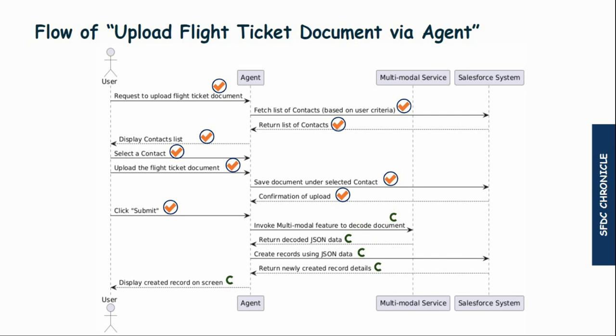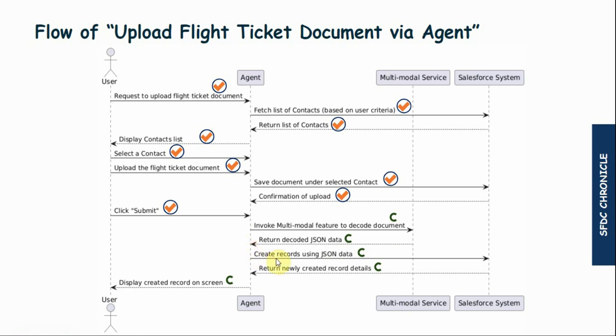Our main focus in today's session will be how to invoke the multimodal feature to decode the PDF document uploaded to the contact. Then we will see how Prompt Builder, using the multimodal capability, returns the JSON data back to the AgentForce agent.